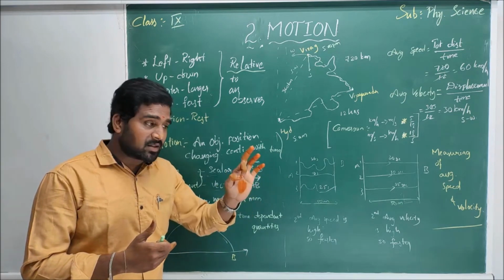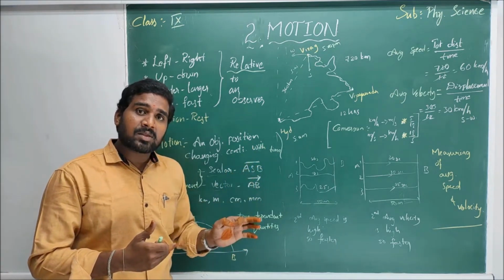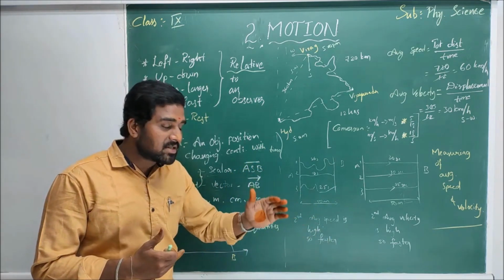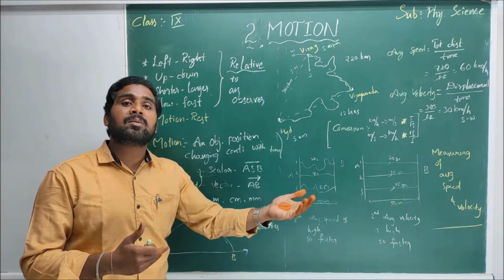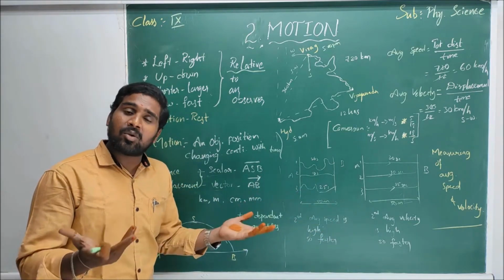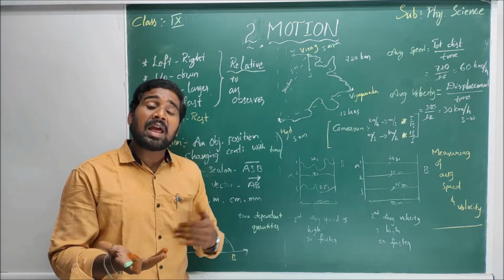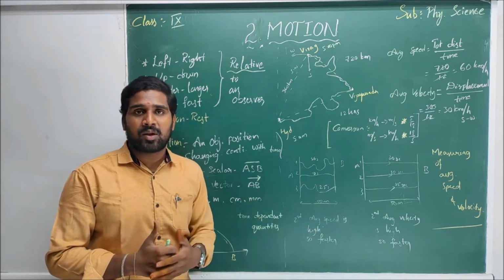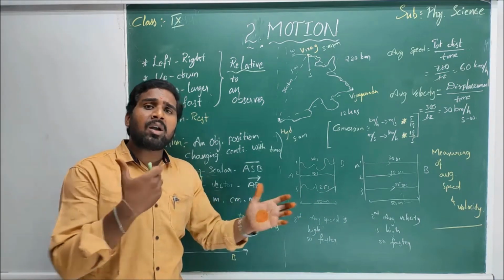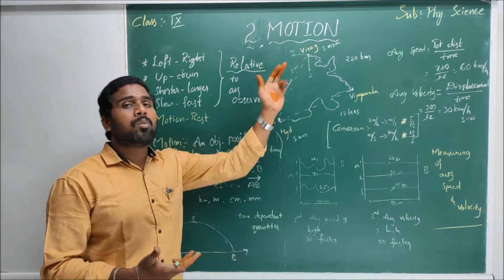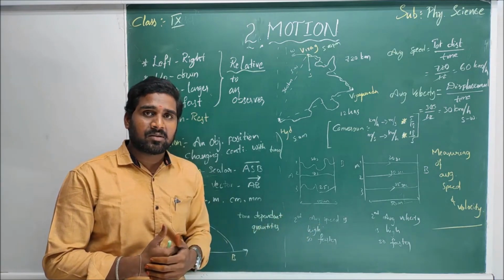Due to the earth's motion, sunset, sunrise and changes of season can occur. The moon's motion is why we feel new moon day and full moon day. So these are all related to the motion of the object.